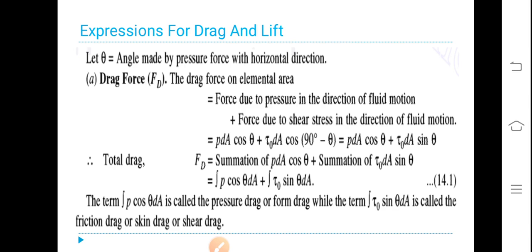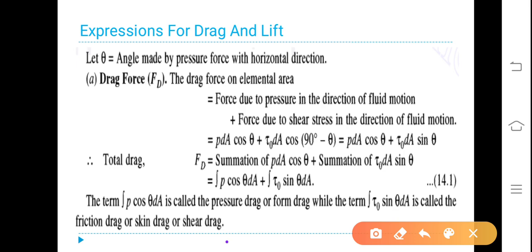Now total drag Fd, we have to integrate because we have taken elementary area: the summation of P dA cos theta plus the summation of tau naught dA sin theta. We will get integral P cos theta dA plus integral tau naught sin theta dA.